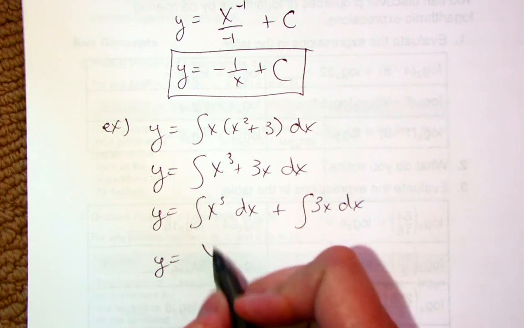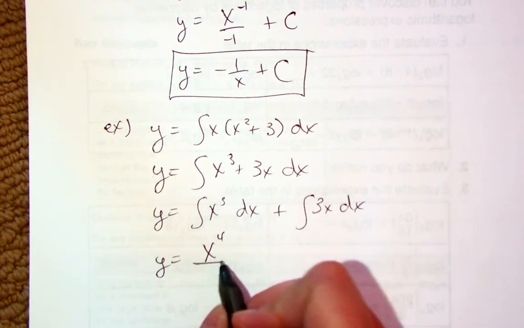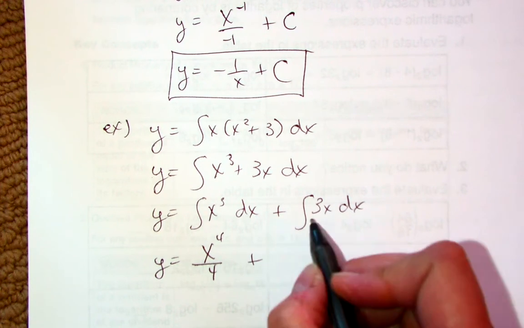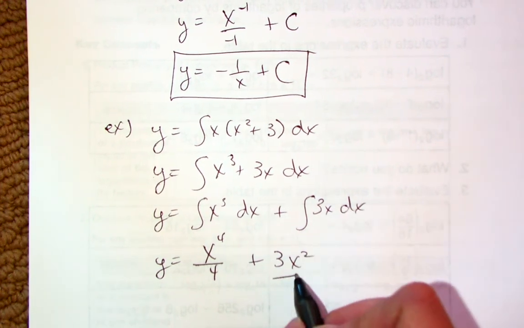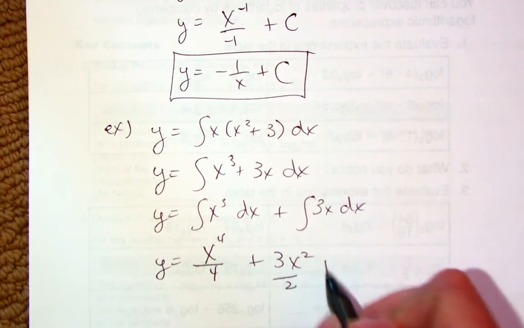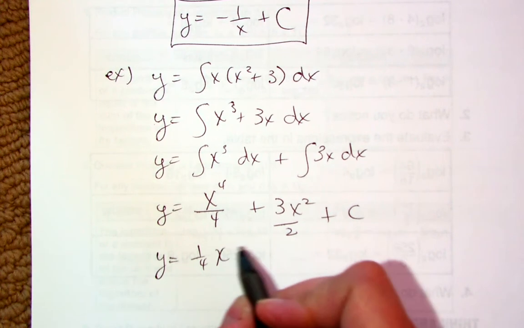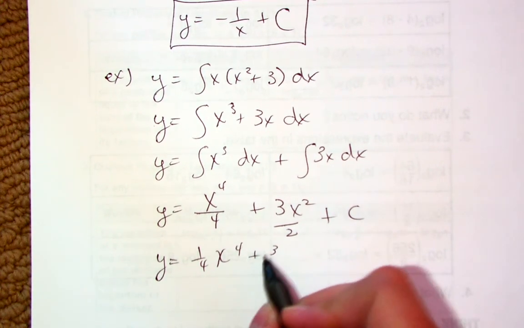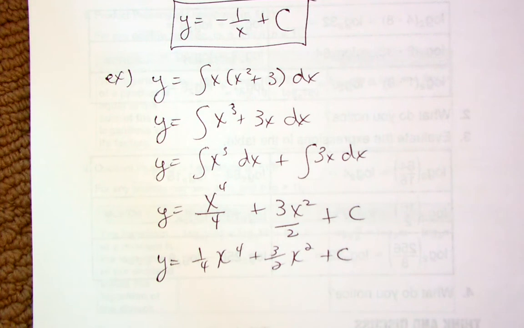So I'm going to increase this by 1 and divide by that. Plus, write down my 3, take my 1, increase it by 1, divide by that, plus my constant of integration. So that equals 1/4 x to the 4th plus 3/2 x to the second power plus c.